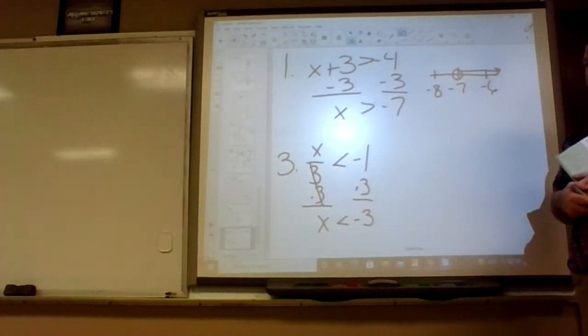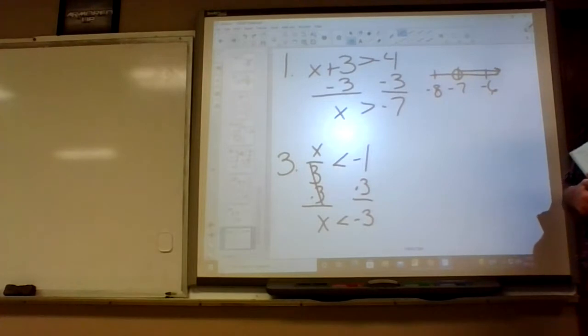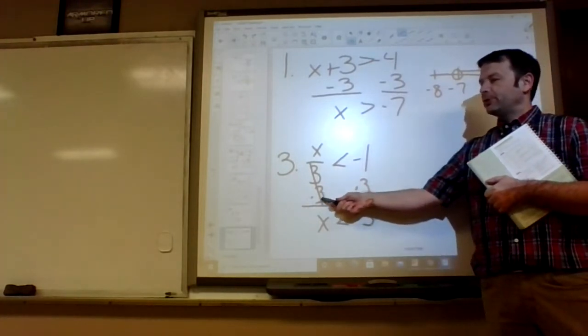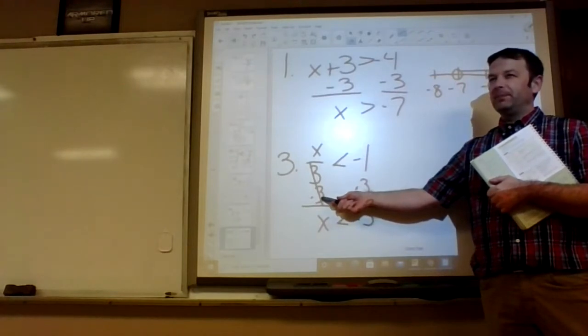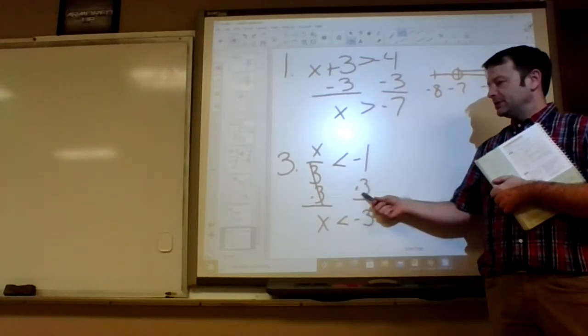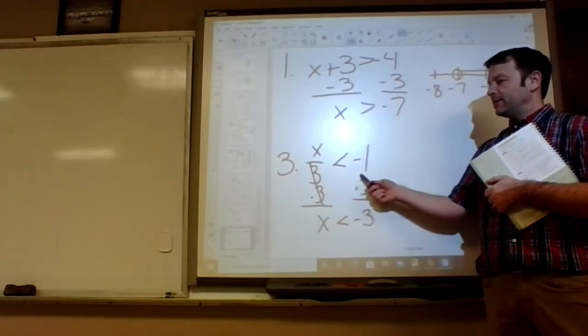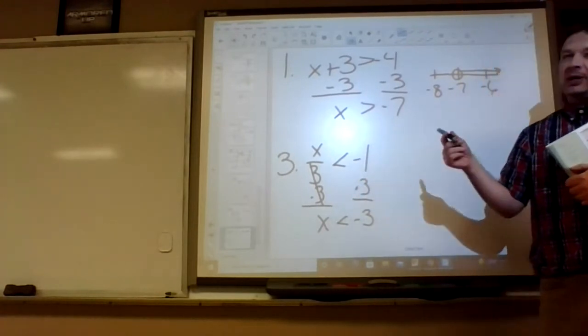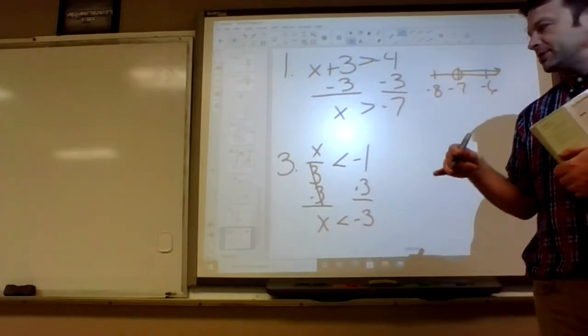Why didn't I switch the inequality? Because I multiplied by positive 3. It doesn't matter whether this is negative or not. If I multiplied by negative 3, that would have switched it.